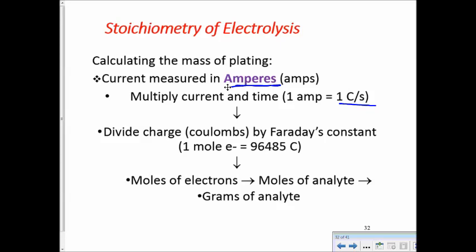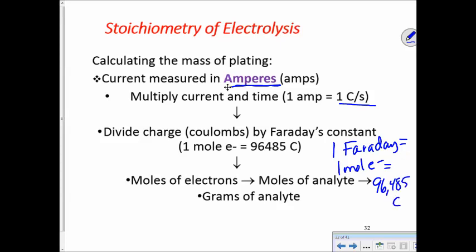Now, I do want to pay attention to Faraday's constant. It wasn't discussed earlier, but 1 Faraday is equivalent to 1 mole of electrons, but it's also equivalent to 96,485 coulombs.